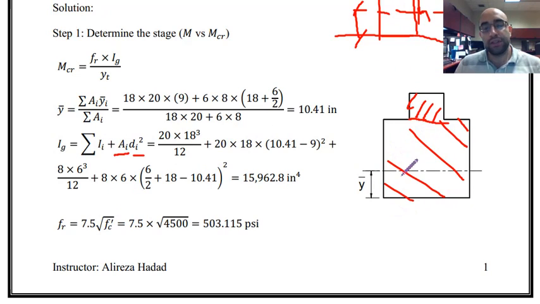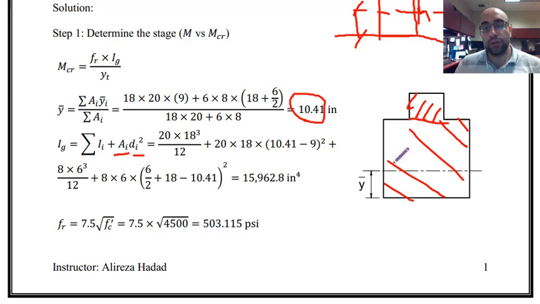First, we have this bigger rectangle that is 20, this side, multiplied by 18 cubed over 12, and then plus the area of this shape, which is 20 by 18, multiplied by the distance from the centroid of this lower rectangle to the centroid of the whole shape, which was 10.41 inches from the bottom.